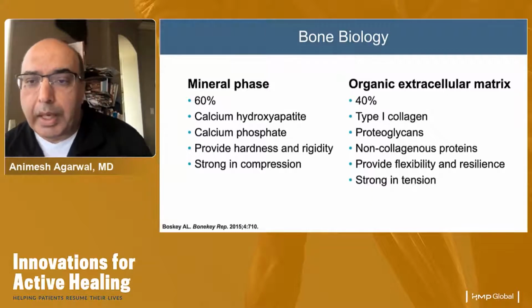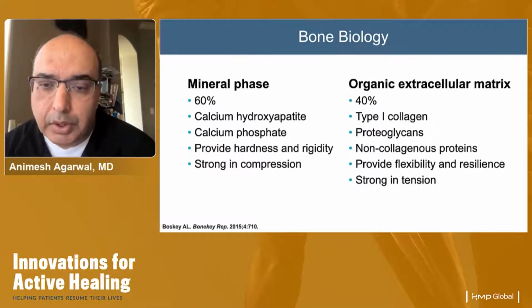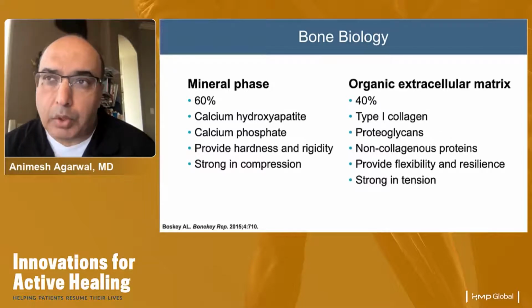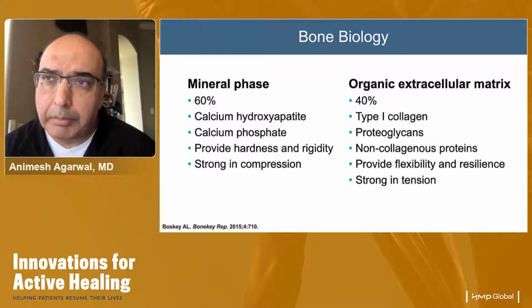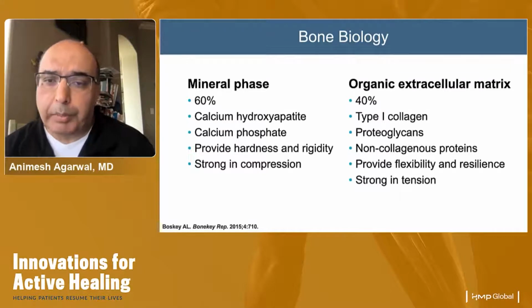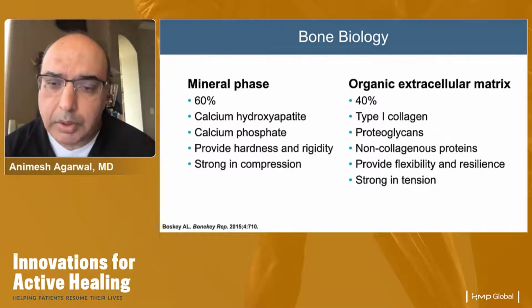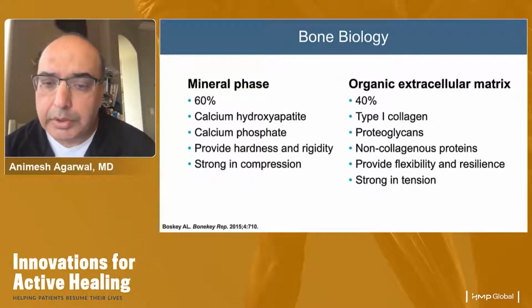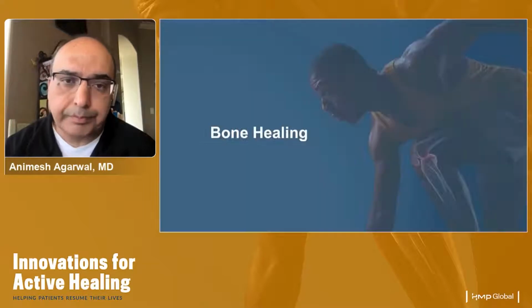Although the organic extracellular matrix provides strength in tension, we know that bones themselves are weak in tension as well as torsion and easily fracture in both those mechanisms. But the organic matrix provides 40% of the overall volume. It's comprised of type 1 collagen, proteoglycans, and non-collagenous proteins, and this is what provides the flexibility and resilience that bone has.